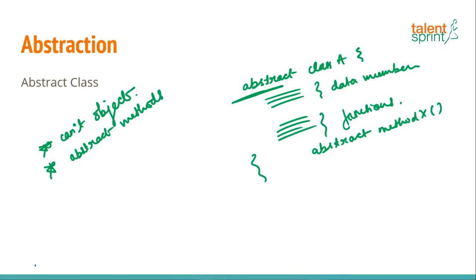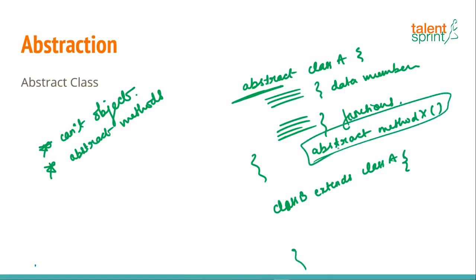Alright, so how do you use abstract classes is you extend them. So some other class B extends class A. Now, if your class is extending an abstract class, you must provide the body of the abstract method. So the method X will have full body inside this class B. So class A can have one or more abstract methods, correct?